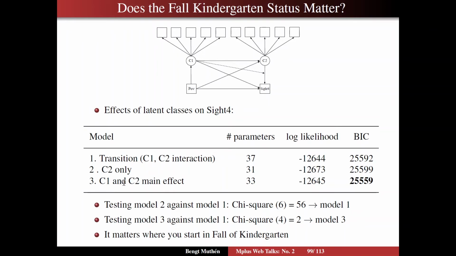Now, this means that in this model we actually have 5 thresholds. So 9 minus 5 is 4. That's the difference in number of parameters. We have 5 parameters, and this is a little tricky because one can see this regression, that is site 4 regressed on C2 and C1. One can see C2 and C1 as each consisting of 2 dummy variables for representing the 3 classes. So site 4 is regressed on 2 sets of 2 dummy variables.